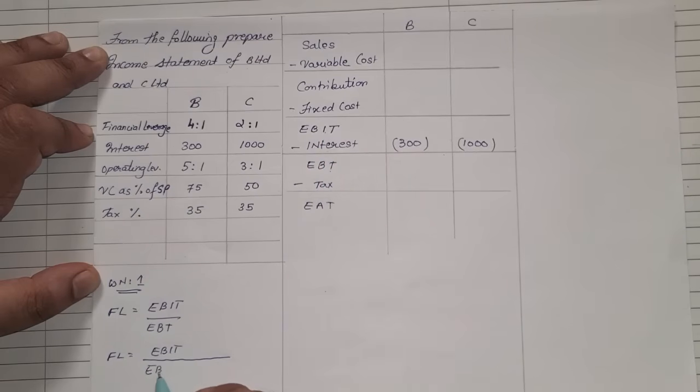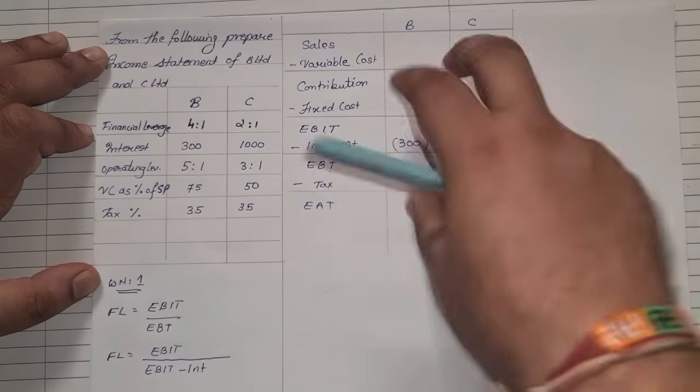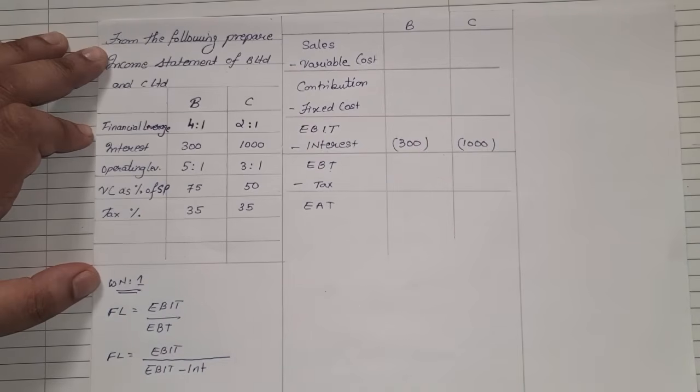So I'll write this as EBIT upon EBIT minus interest. I have been given financial leverage in the question, and I have been given interest in the question. So with the help of that, I can find the EBIT. Once I get the EBIT, I can fill up some details in my solution.